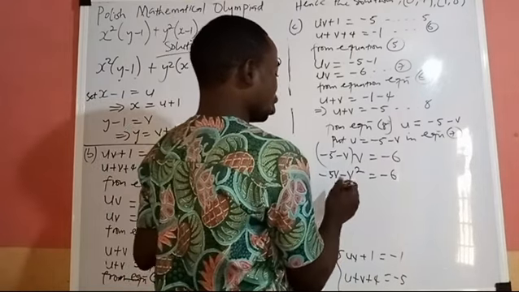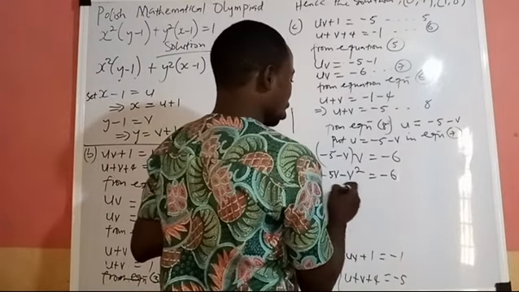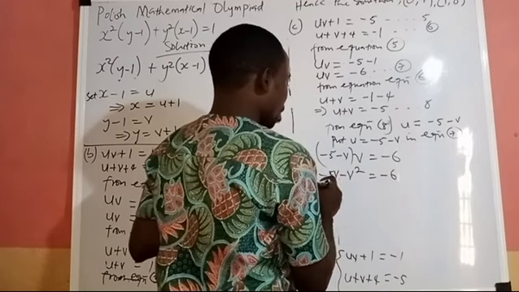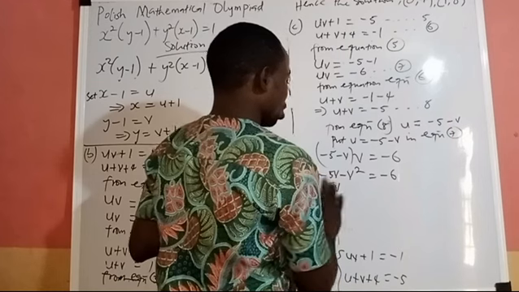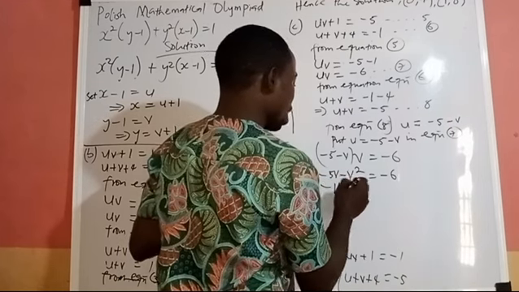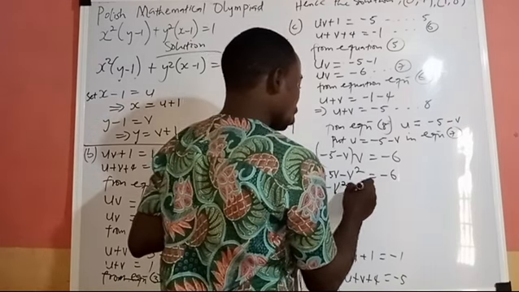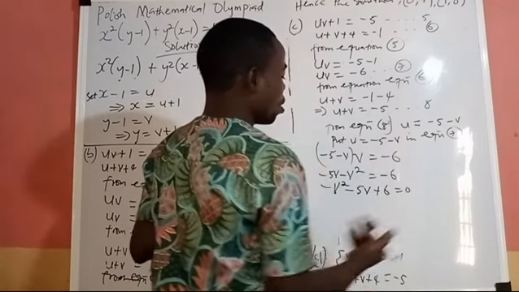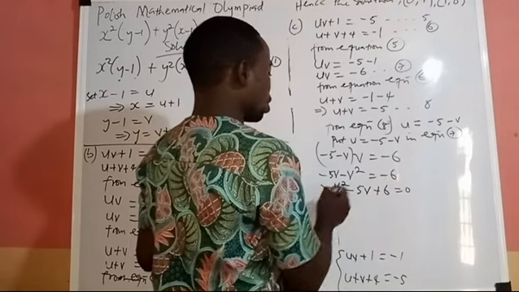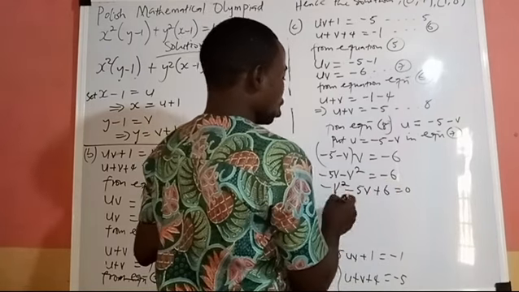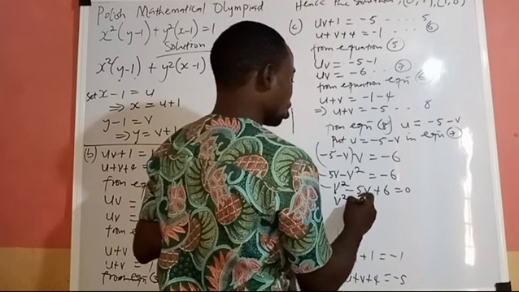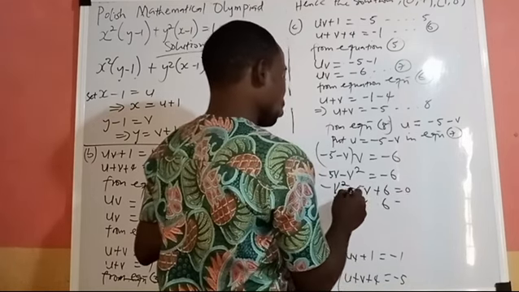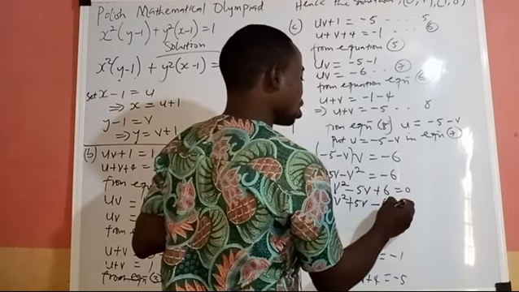Doing that, if we bring this one to this side, we are going to be having minus v squared minus 5v plus 6 is equal to 0. So we can now multiply through by minus, and of course if we do that, we are going to be having v squared plus 5v minus 6 equal to 0.